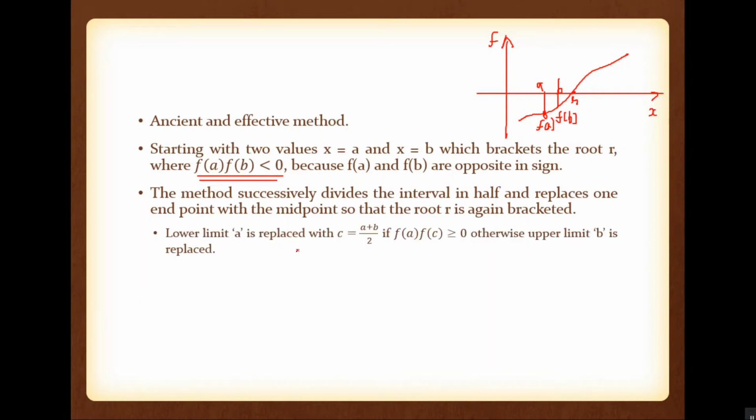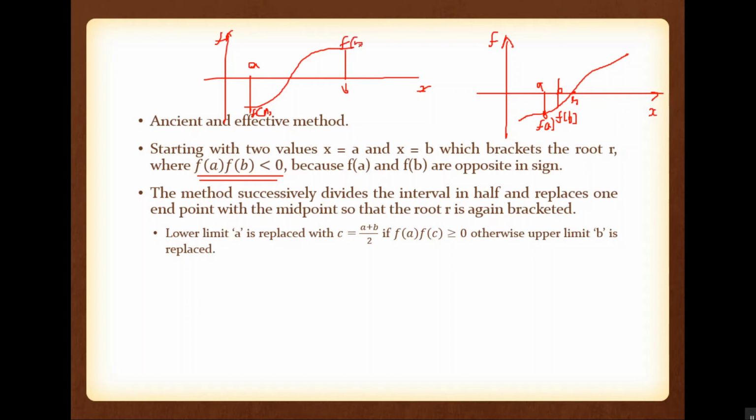So now what are we doing? How are we taking the half of the previous interval? So again I am drawing the function. This is x, this is f. This is the function. This is one initial condition a, and the corresponding f of a is this one. This is another initial condition b, and the corresponding value is f of b.